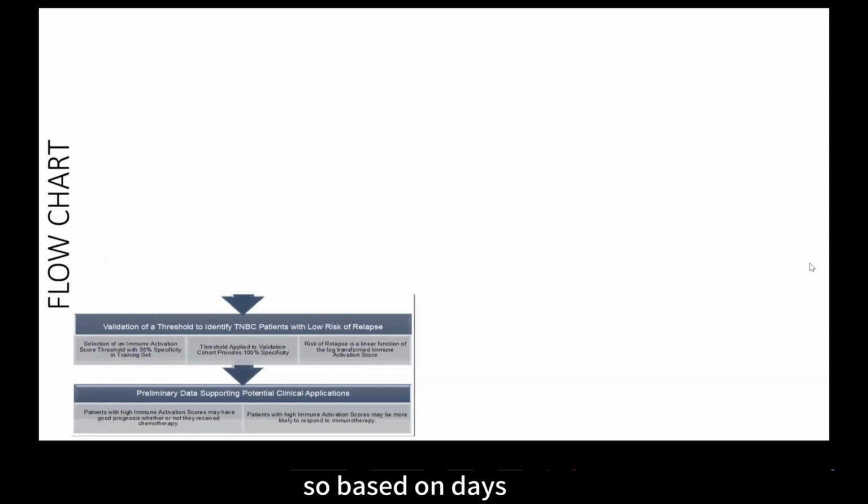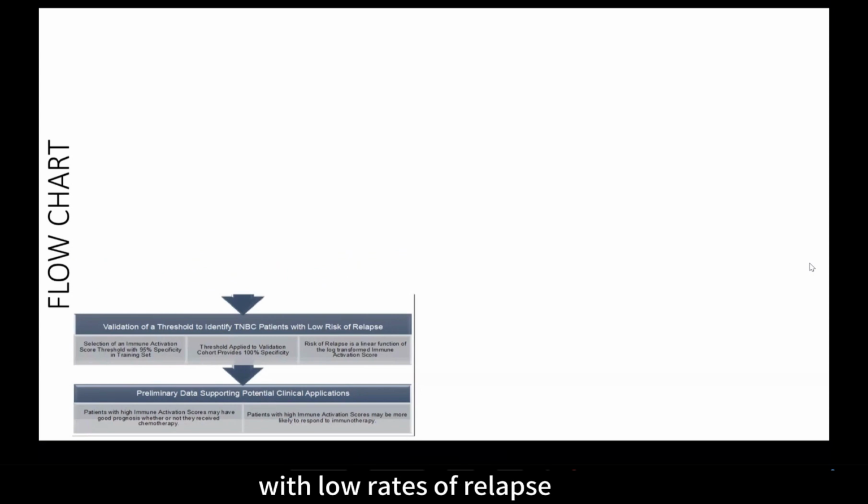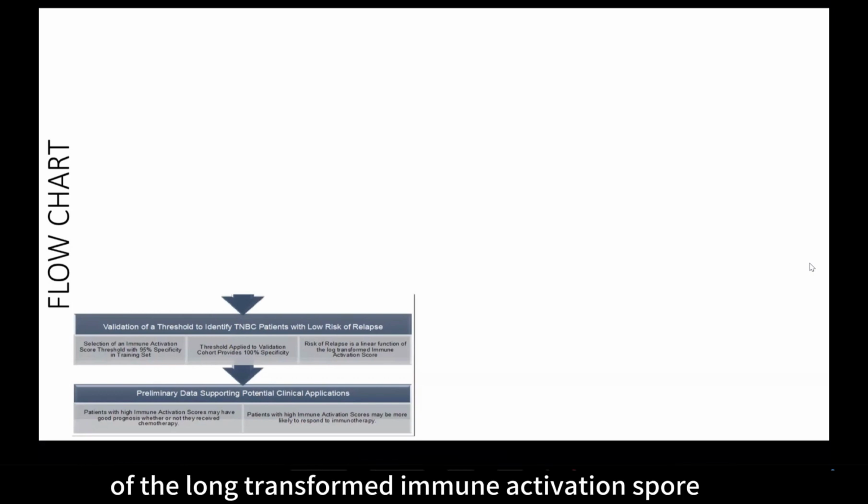Based on this, there was a validation of a threshold to identify TNBC patients with low risk of relapse: selection of an immune activation score threshold with 95% specificity in the training set, whereas there was 100% specificity in the validation cohort. So the risk of relapse is a linear function of the log-transformed immune activation score.